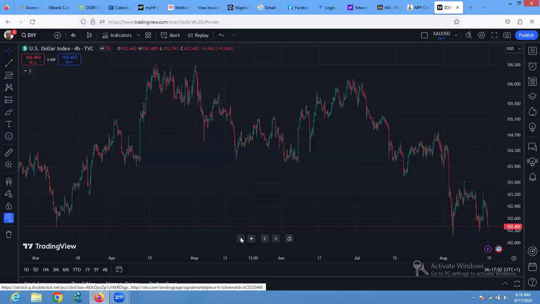Wave study and structure study give us a clearer perspective as to what is building, where we want to execute a trade, where we want to exit, and how long we want to leave this trade.